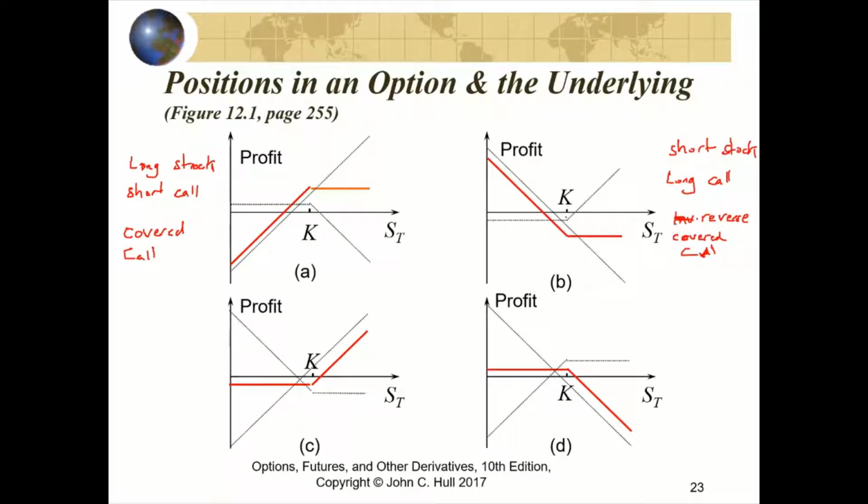So we took a long in a call position. We took a short in a stock. We created a payoff combined of these two positions, similar to taking a long in a put option. And we can basically see that this is the case if we examine the put-call parity again.